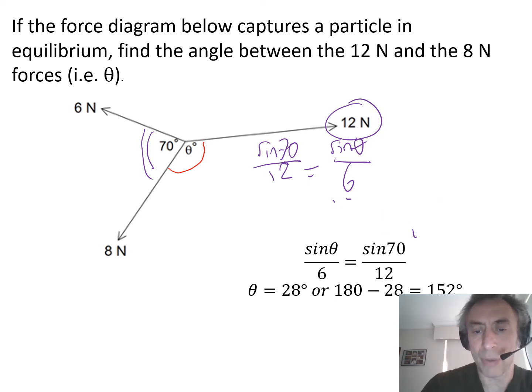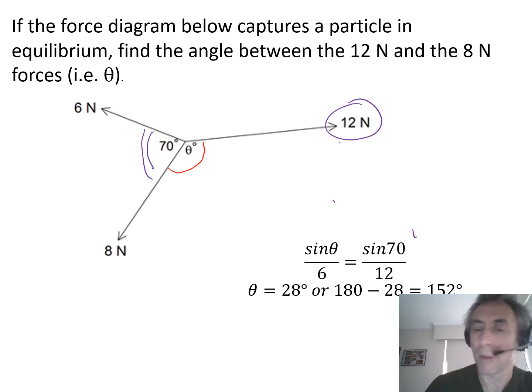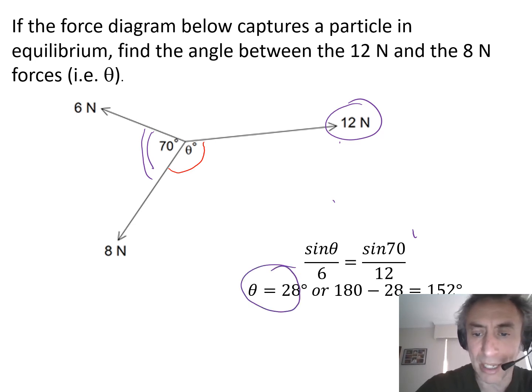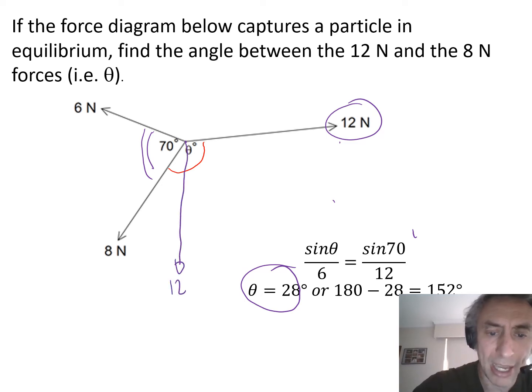Now, what the calculator will tell us is that the answer for theta is 28 degrees. But then we need to think, what makes more sense in this scenario? Is it 28 degrees, or is it the supplement of 28 degrees, 152? So this is how you think about it. If it was 28 degrees, then that 12 Newton force would be pulling in a direction somewhat like that.